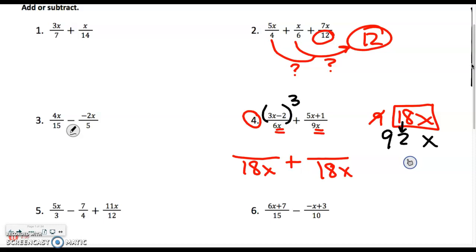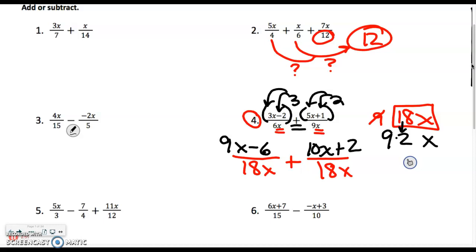So it needs a 2 to get the 18. So you're going to multiply the entire top by 2. You're actually multiplying top and bottom, but we would have to distribute that in and do a 9x minus 6. We have to multiply both of them. This is a plus. And then 2 times 5 is 10, and 2 times 1 is 2.